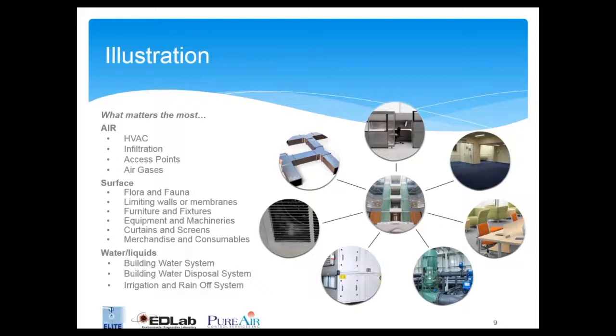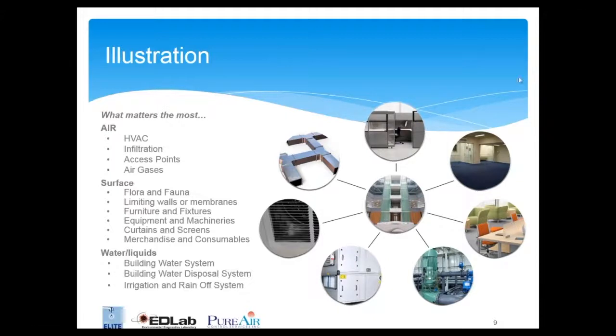So we have various means to check and balance that we are not infiltrating things from outside. Various access points such as doors and windows, and obviously various gases, the airborne stuff from off-gassing of the material.